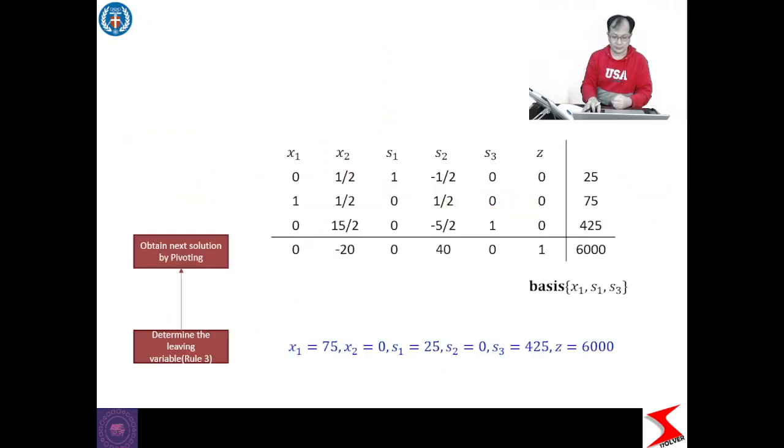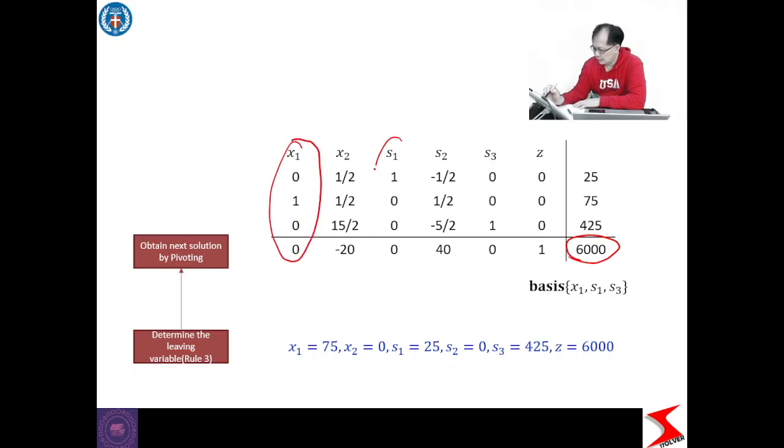Okay, if we do so, we can get the second simplex tableau like this. You can see now the objective function value becomes 6,000 instead of 0, right? So this one is better than the last solution. In this way we choose the basis x1, s1, and s3, right?